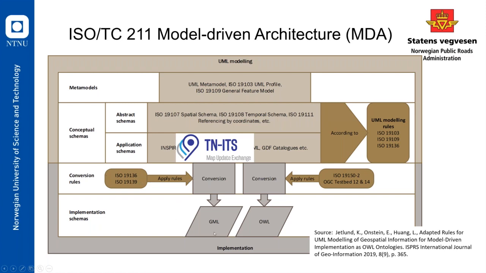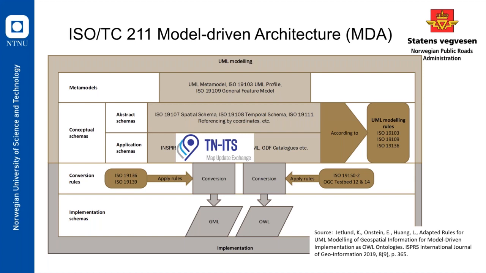Like in this illustration, we have the standardized exchange format for geographic information, GML, and we also have OWL for use in the semantic web. And we can have other implementation formats as well. So this is the core of how the standardization work in ISO TC211 has been done, and this is also the principles that the TNITS specification was based on.